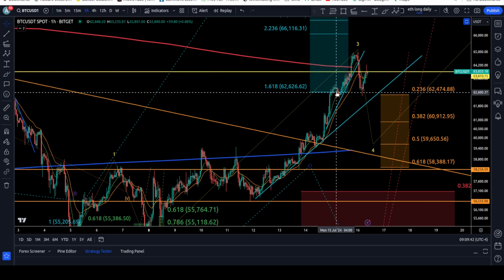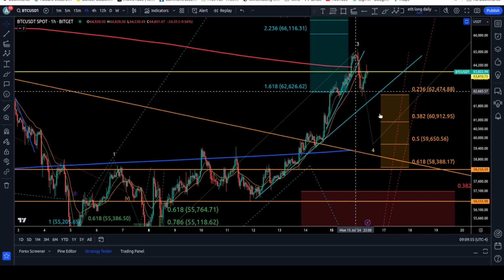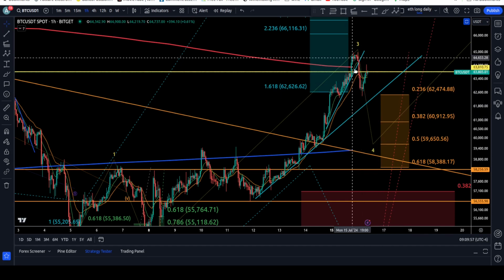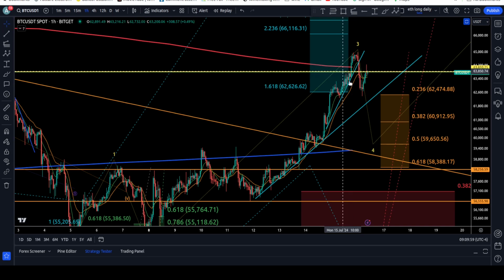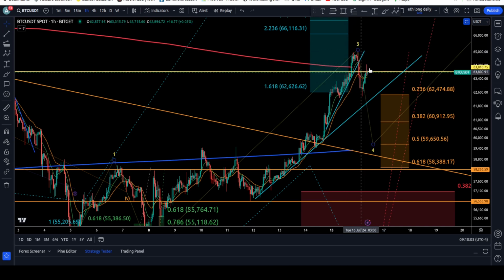And I did even say it would be great if we could just momentarily wick on the top, touch the MA50, and then maybe after that do the pullback. And actually this is pretty much what happened. We even went higher than the MA50, and now we're doing that. And once again, this level of resistance is our MA50, which is normal, and I'm very fine with that.